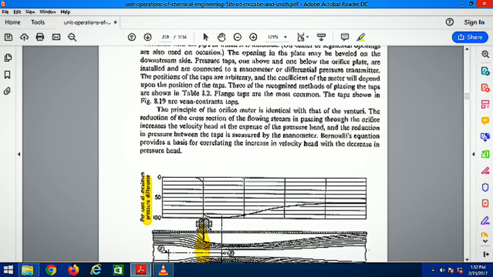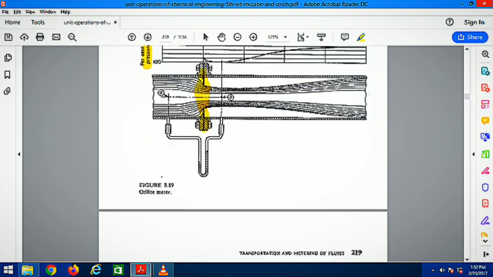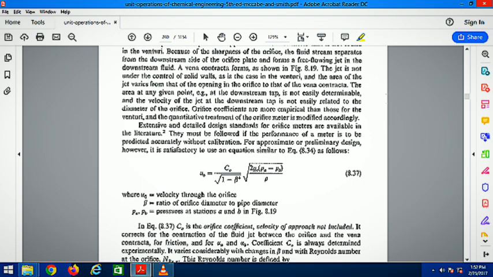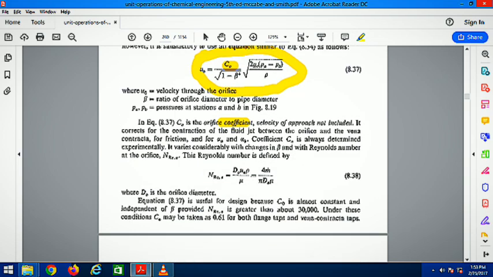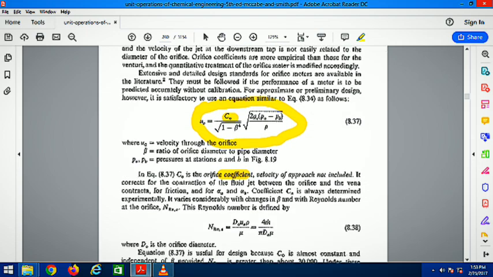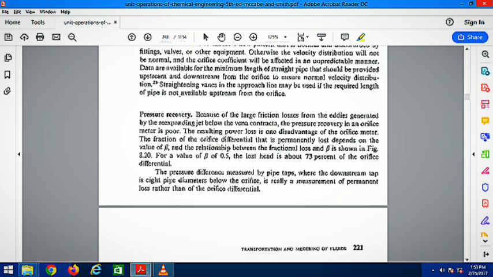So this is the percentage of maximum pressure difference. This is the diagram of the orifice meter. We put up orifice plates, and in the same way we derive the UO, the velocity through the orifice. CO is the orifice coefficient, which is around 0.61, and so this is the basic equation derived from Bernoulli's, again similar to the Venturi meter.